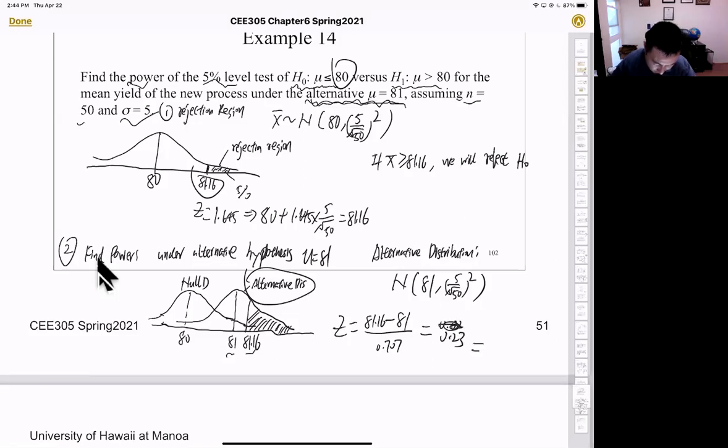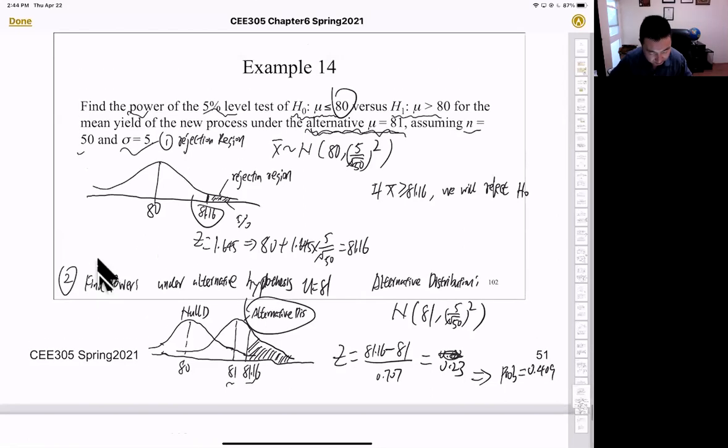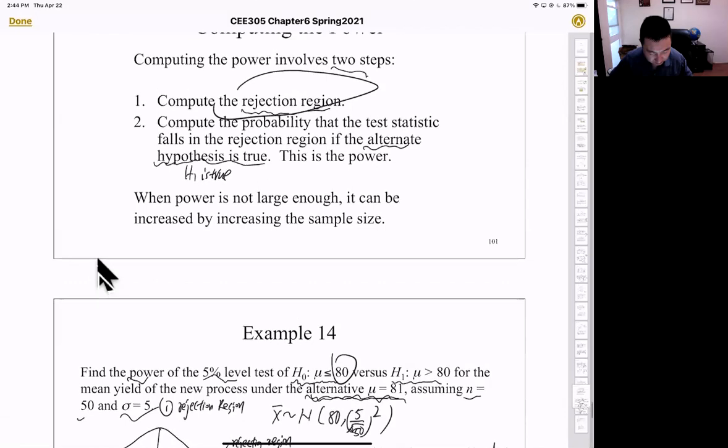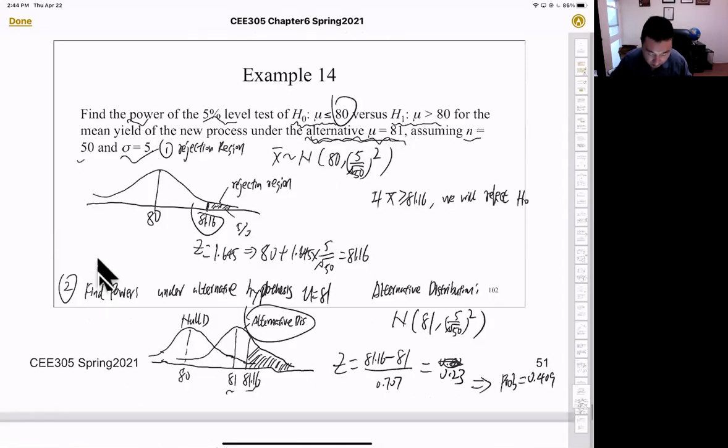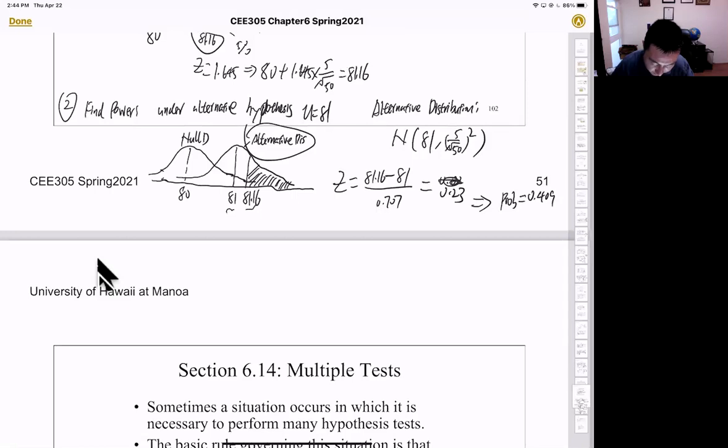It turns out the probability, the area, is only 40.9%. So the power is not very high. The power is the probability that the test statistic falls within the rejection region if the alternative hypothesis is true. So the power is only 40%. That's the power.